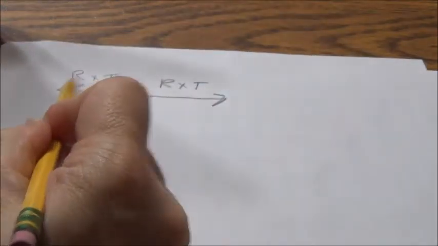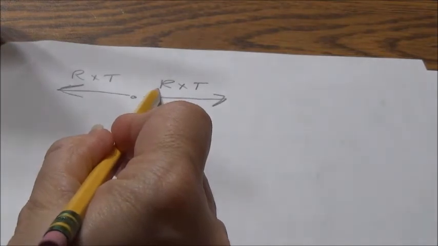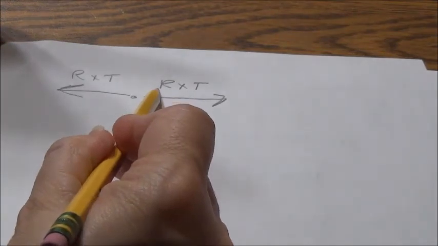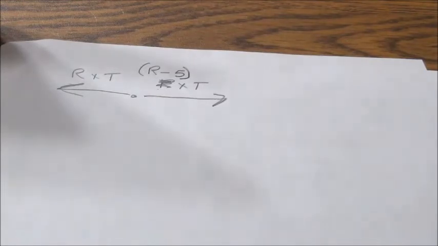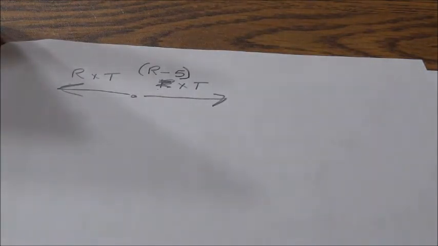Right now I have my rates as being the same, but we know one cyclist is 5 miles an hour slower than the other, so we're going to replace this one with R minus 5. Since it went slower, we have to subtract this time.